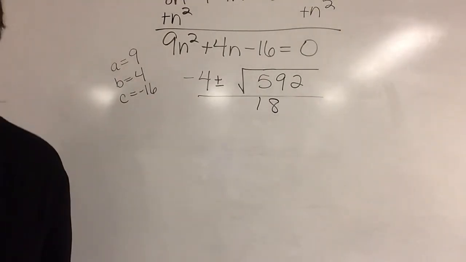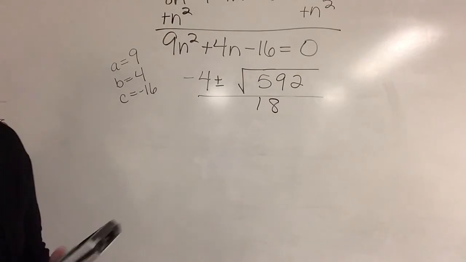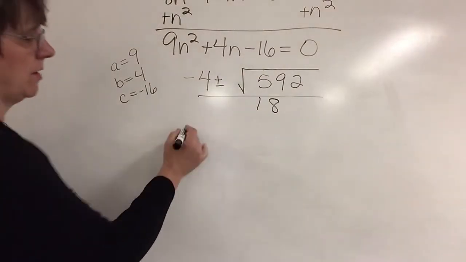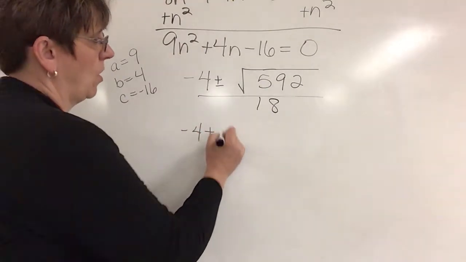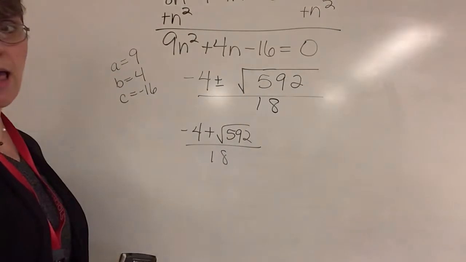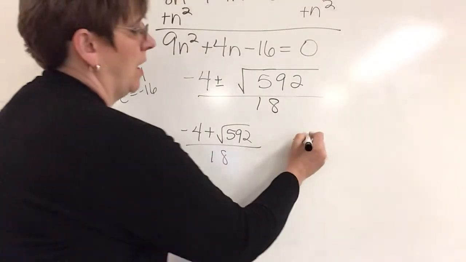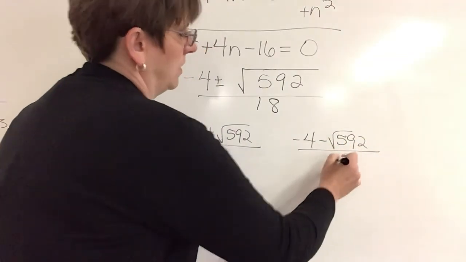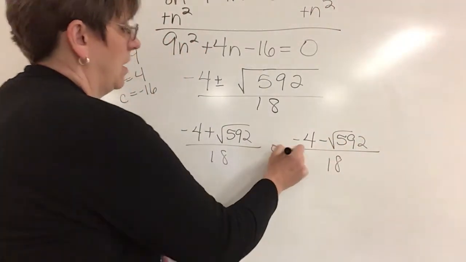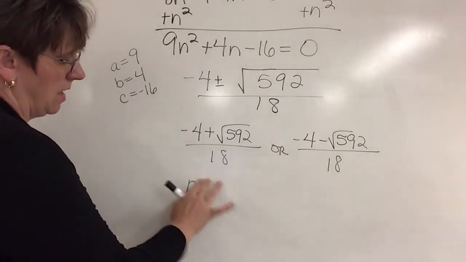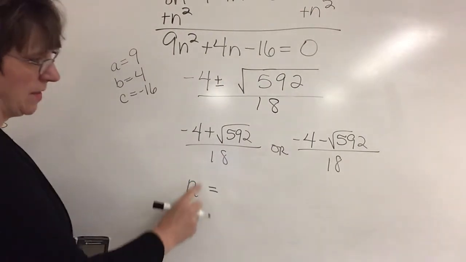So what you're going to do at this point to get your decimal answer is you're going to type this into the calculator 2 times. One, you're going to type in with a plus sign and figure out what it's equal to, and once you're going to type in with a minus sign and figure out what it's equal to. Okay? And these are all n's. So n equals, make a space in there.